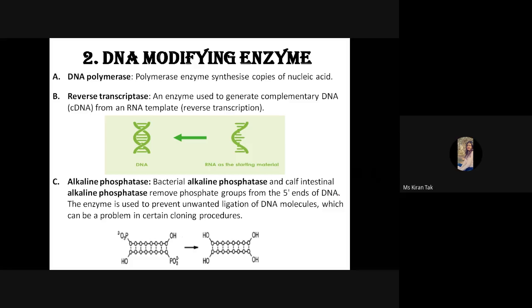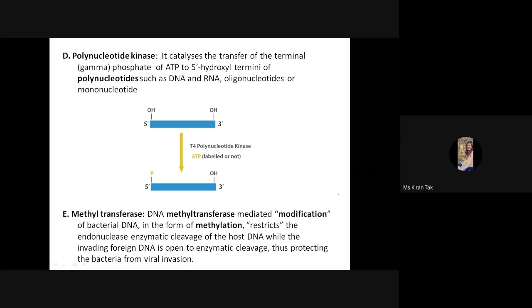They remove the phosphate group from the 5 prime end of the DNA, and they are used to prevent unwanted ligation of the DNA molecule that can create a problem during cloning, because sometimes the vector ligates itself without the gene of interest, so it will not form the recombinant DNA, and it will be problematic for the cloning process.